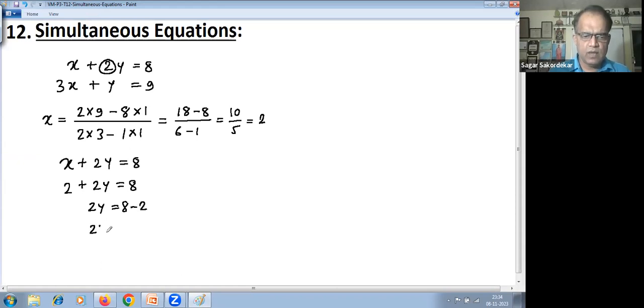So 2y equal to 6. Divide both sides by 2. So y equal to 3. The final answer is x equal to 2 and y equal to 3. This is the solution. If you just put these values, both equations will be satisfied.